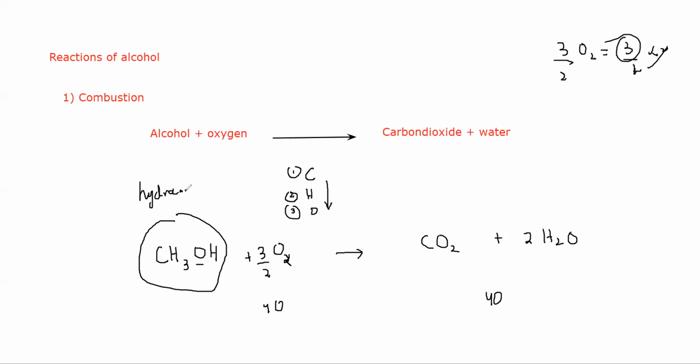No, it is not a hydrocarbon. The term hydrocarbon means a compound containing carbon and hydrogen only. That's the definition of hydrocarbon. There is oxygen as well, so alcohol is not termed a hydrocarbon. This is an organic compound, but not a hydrocarbon. Only alkanes, alkenes, and alkynes are hydrocarbons.